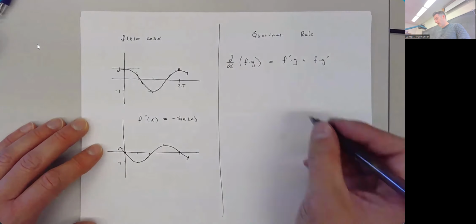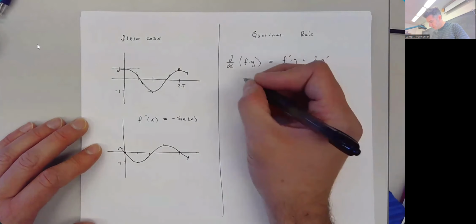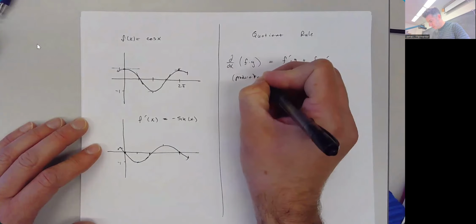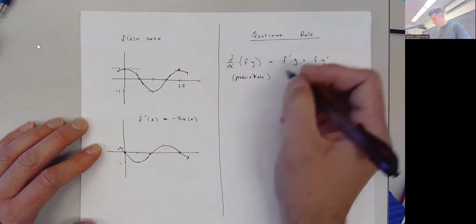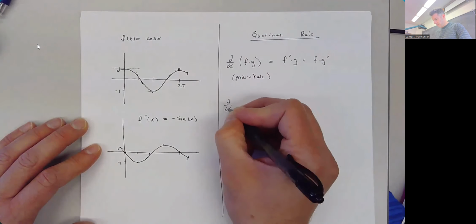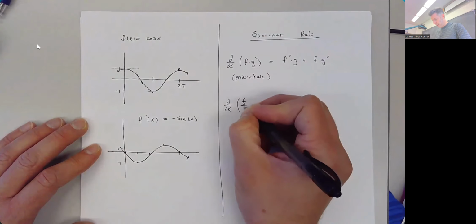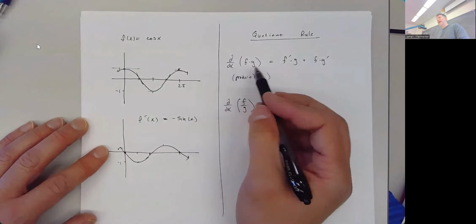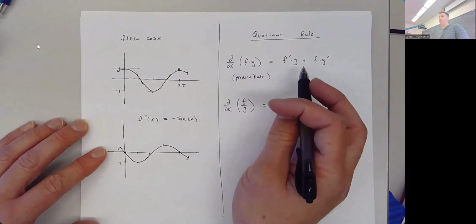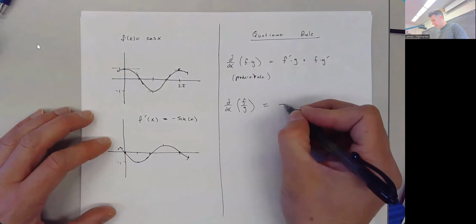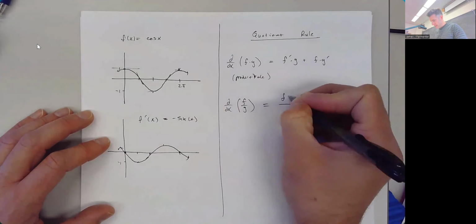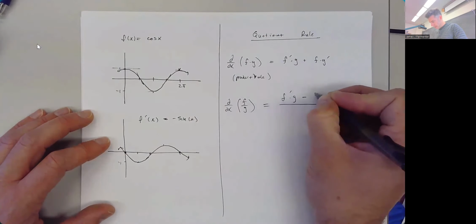I know that's not the quotient rule. This is the product rule. But we're using this to help us see what the quotient rule is. So the quotient rule, the derivative of f divided by g, the numerator looks almost exactly the same as the product rule, which is why I think of it. Except instead of f prime g plus f g prime, it is f prime g minus f g prime.